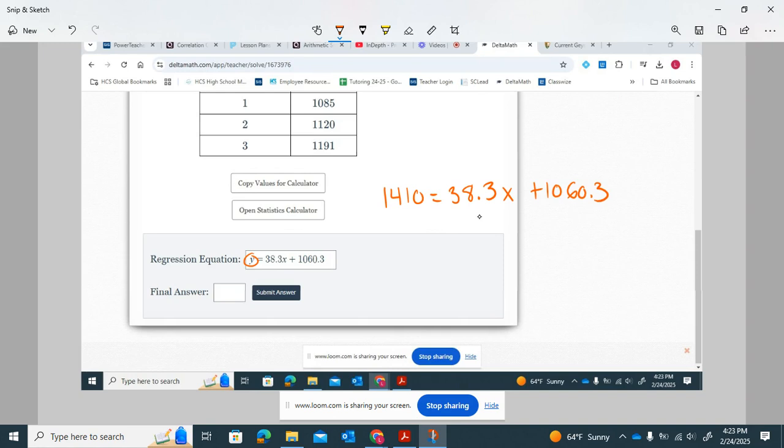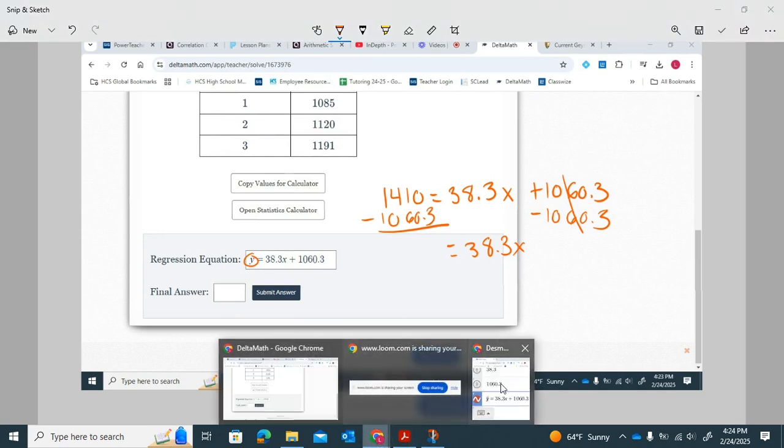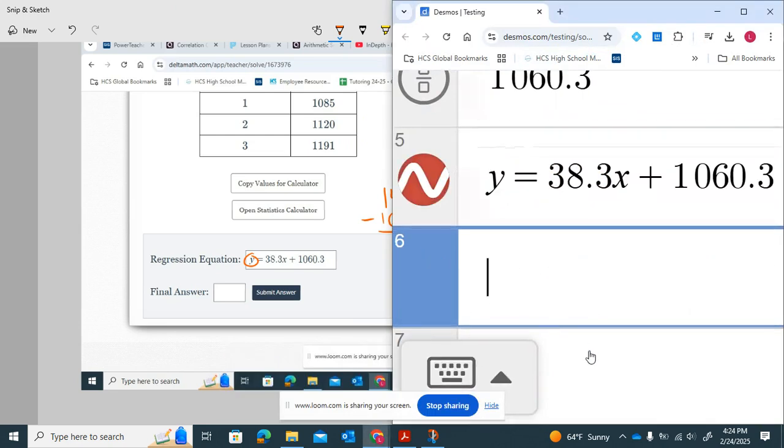So to solve this equation, you need to move everything over to the left side. So I want to subtract 1,060.3. Then I subtract 1,060.3 from the other side too. Bring down my equal sign, bring down my 38.3x. Then you could just type that into Desmos, or just use your calculator.